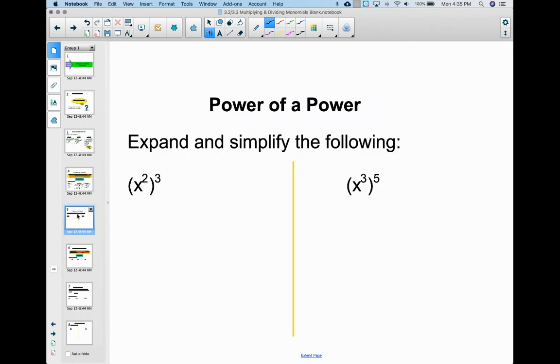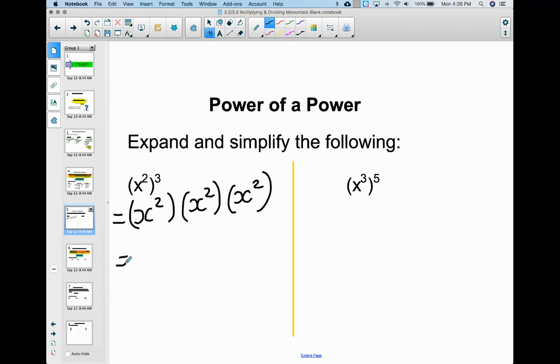All right. When you are looking at powers of a power, in this case, we have x squared to the power of 3. Here, we can expand this as such: x squared times x squared times x squared.